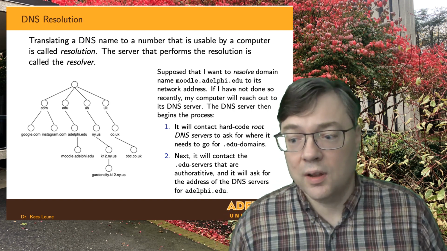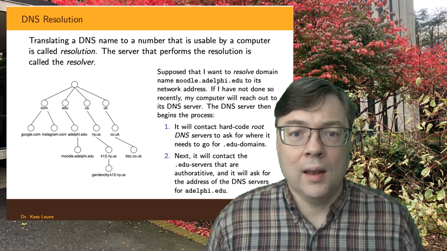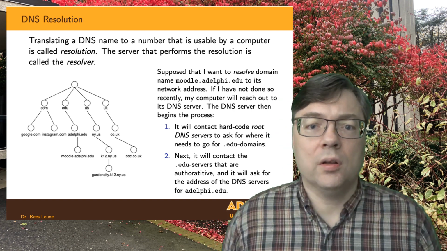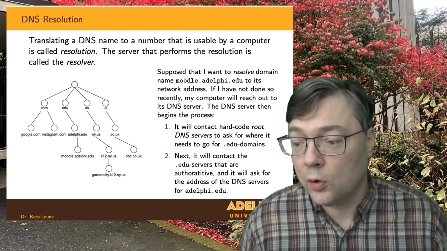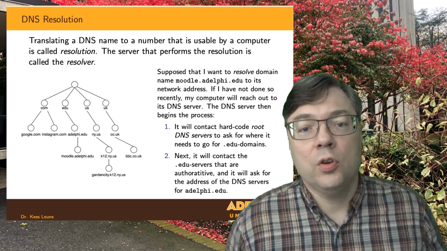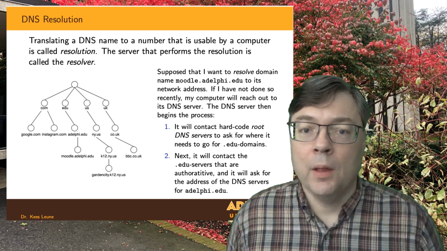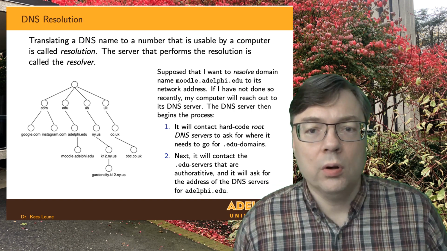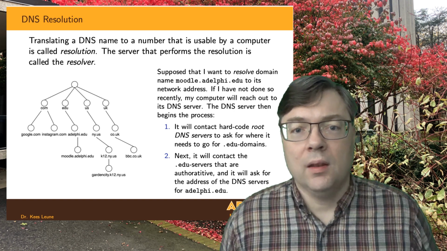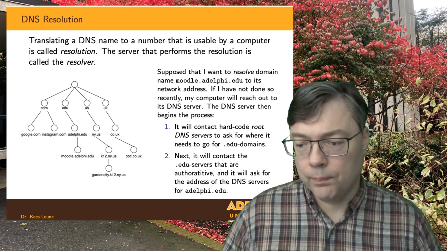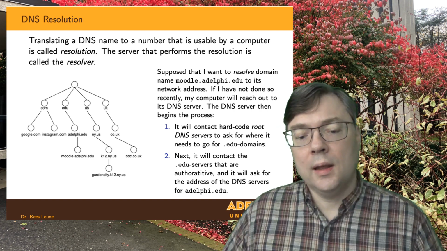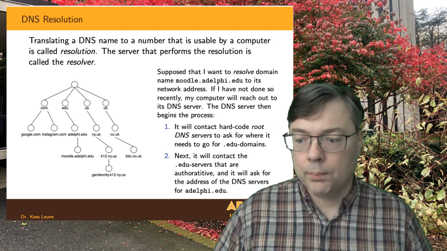Because remember what I just said, if I want to do something .adelphi.edu, I have to go to adelphi.edu. But if I want to go to ny.us, then I have to go to them. And so each owner of each node in this hierarchy maintains its own area under that node. But that also means that looking data up becomes a little tricky.